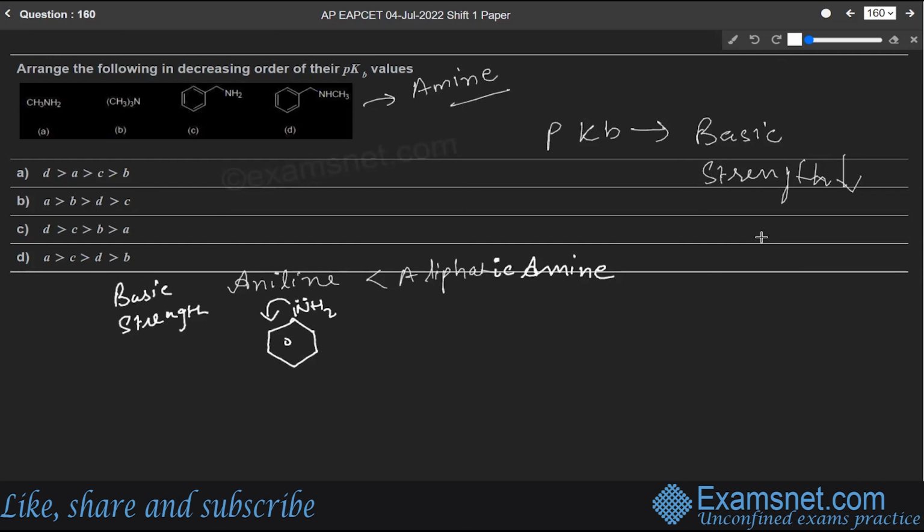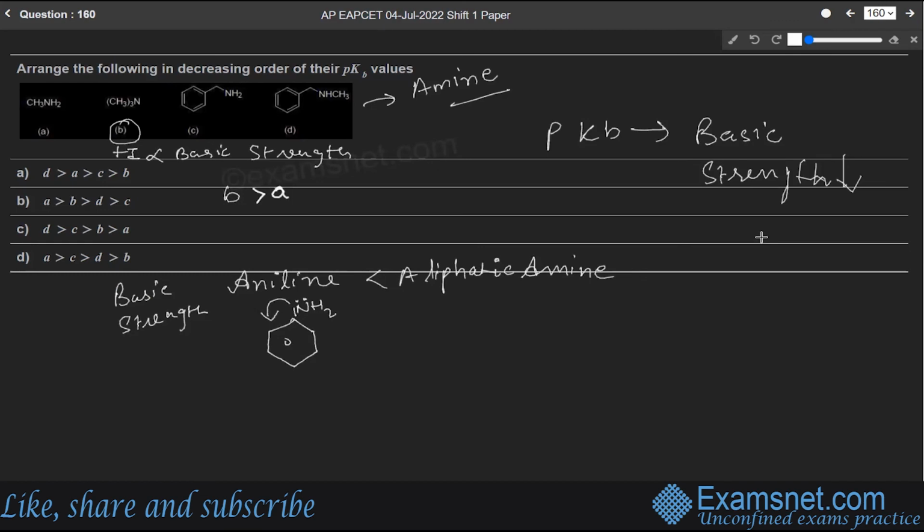The one with a more plus I effect is directly proportional to basic strength. B would have higher basic strength because it is tertiary, and then A would come.